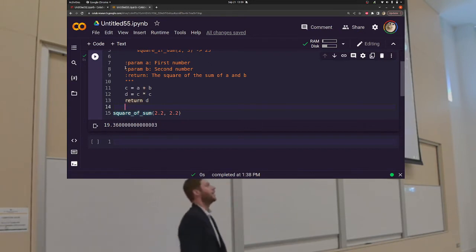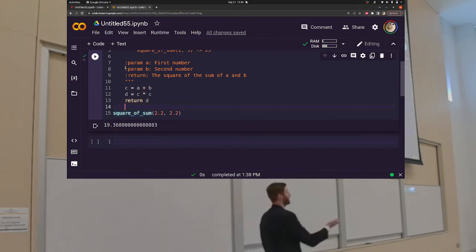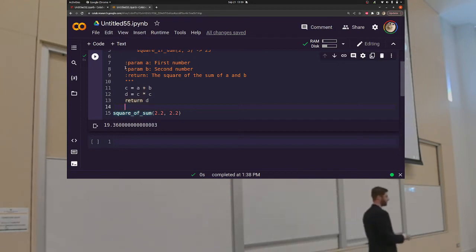But if I try to compare those two numbers, Python's actually nice and it'll say it's true. But some other programming languages won't. It'll say no, the number 19.36 and 19.36003 are not equal. And you're like, but they are. Why does Python say it's true but others don't?